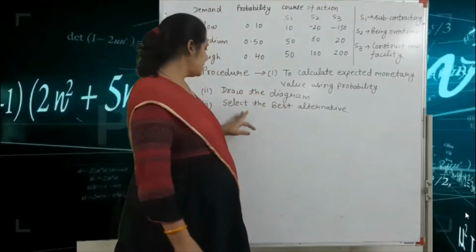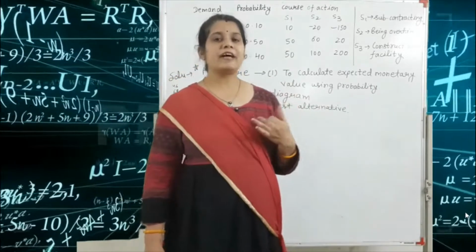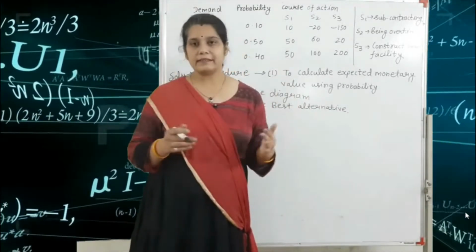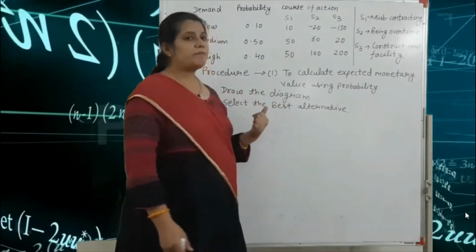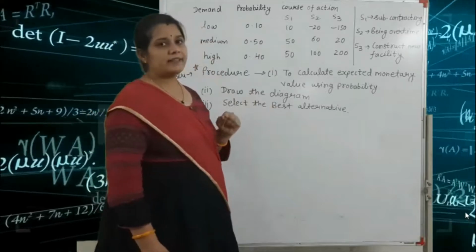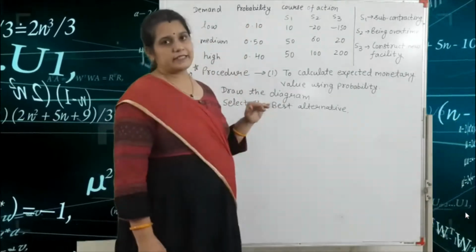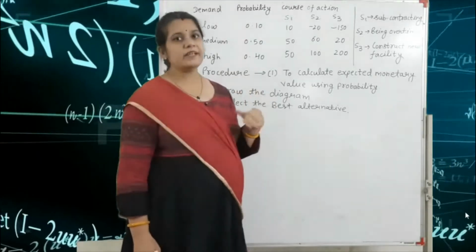And the third point is to select the best alternative after mapping the diagram. Here we first find the expected monetary value for the three alternatives, S1, S2 and S3.